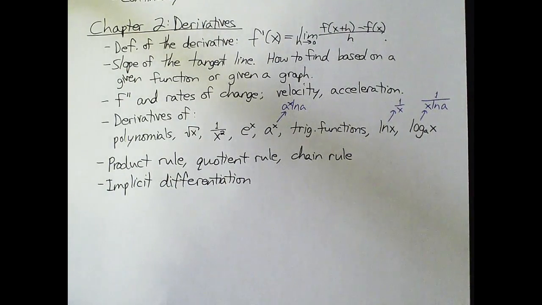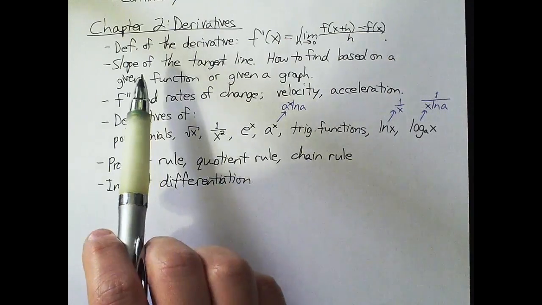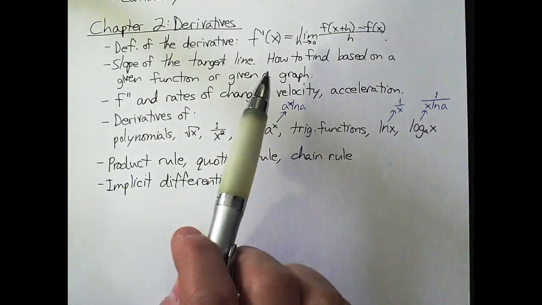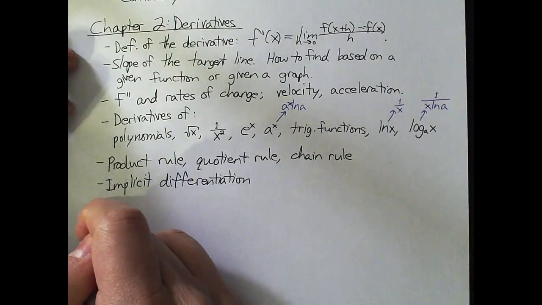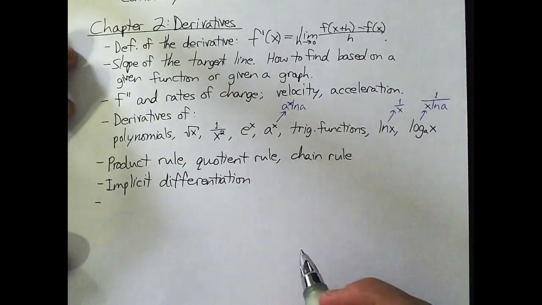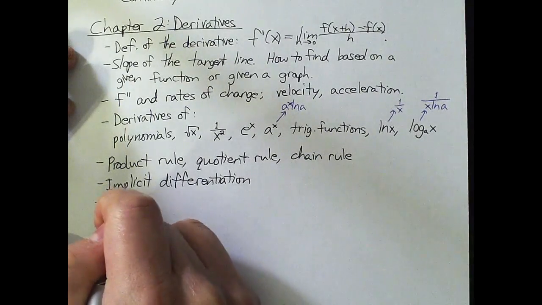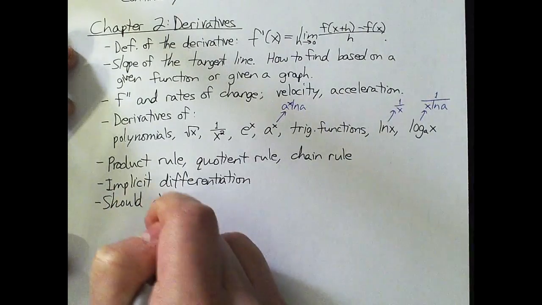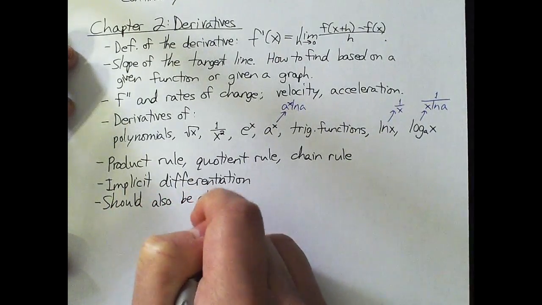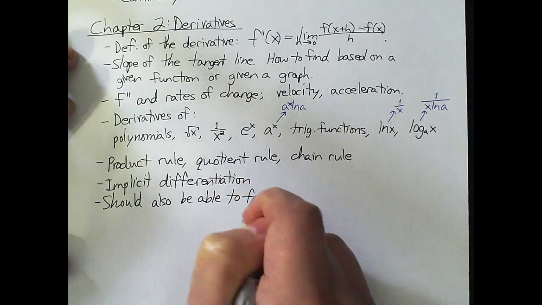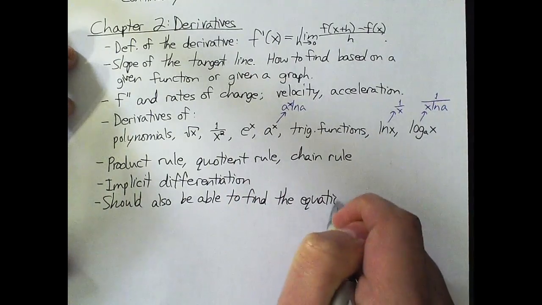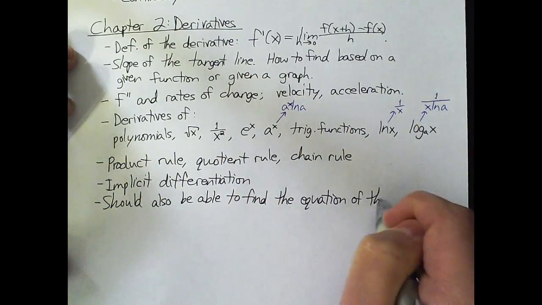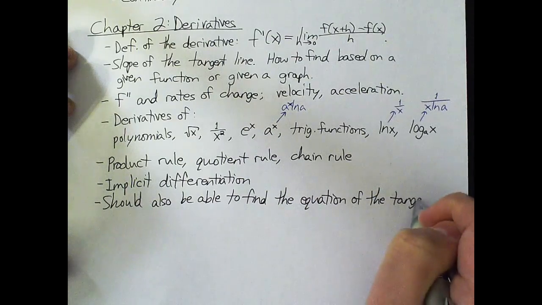Let's see, what else? One other thing I want to mention, which might not be in order, is that you should also be able to find the equation of the tangent line. I don't think I said that above.